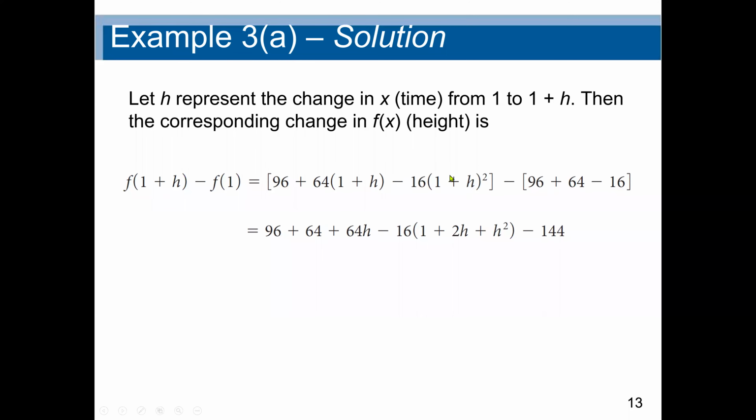This is the perfect square. We should know this from college algebra or pre-calculus. 1 plus h squared is a perfect square that gives us 1 squared plus 2 times 1 times h plus h squared, which gives us 1 plus 2h plus h squared.